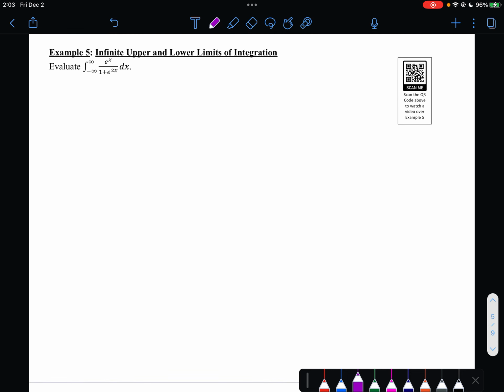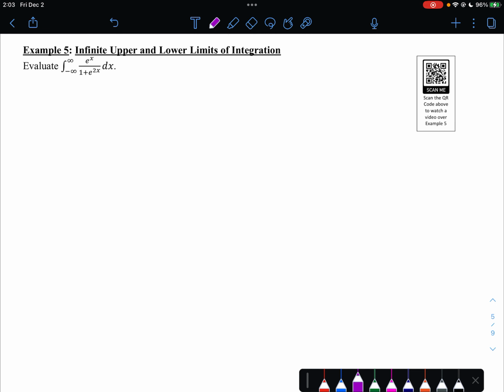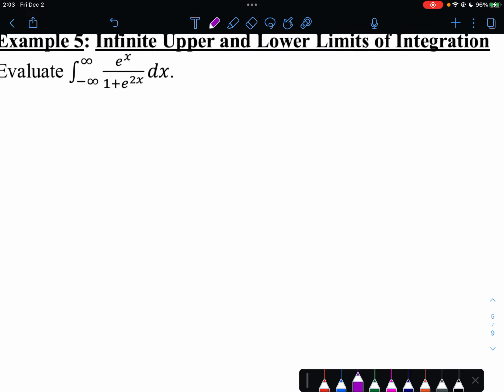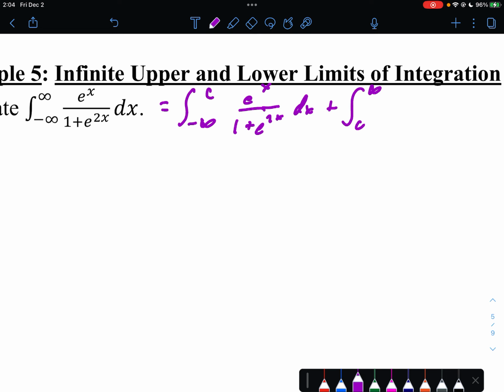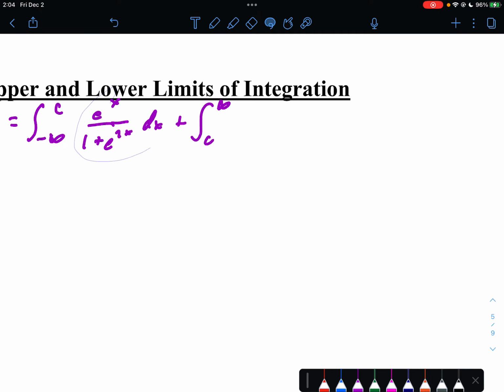All right, what if, in example 5 here, both top and bottom have infinities? So now we're going to split this up into two integrals. Well, before I do limits, I'm just going to split it up into two integrals. Let's say we're going to write this as negative infinity to some number c of e to the x over 1 plus e to the 2x dx, plus c to infinity of this same thing here.